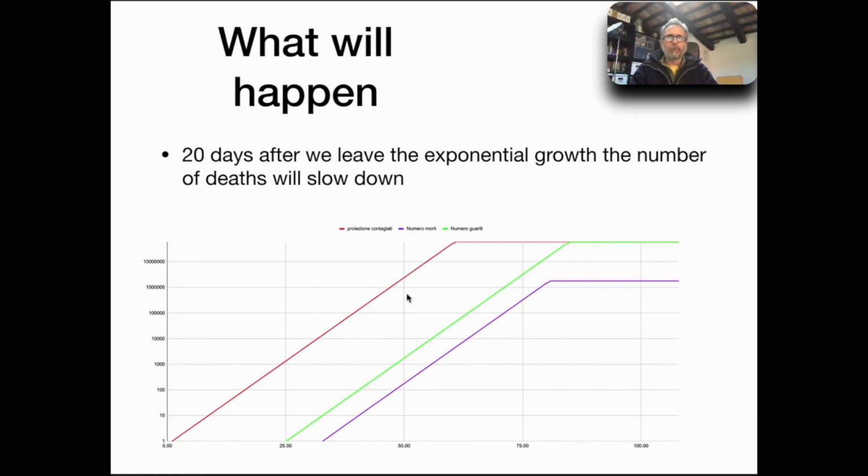But there is a point in which people are not going to keep on getting infected, but the number of dead people will keep on growing, and this is inevitable because it takes 20 days for people to die.